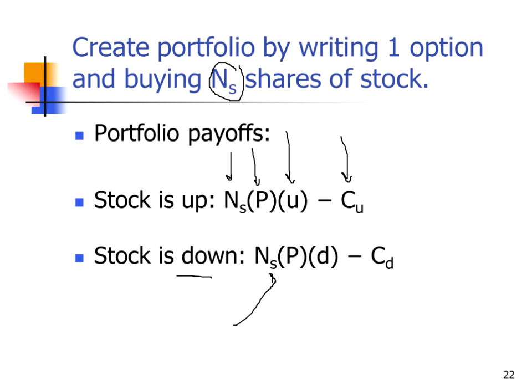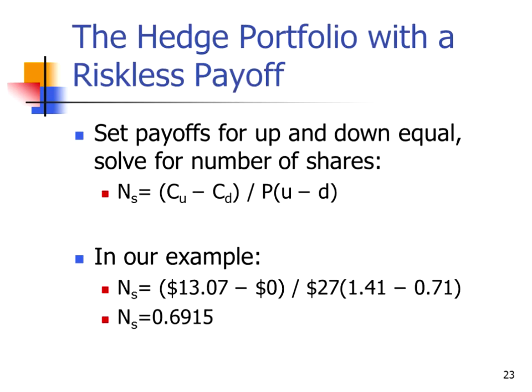And same thing, if the stock went down, you would have those n number of shares multiplied with the price of the stock multiplied with the down factor minus the payoff with the down factor.